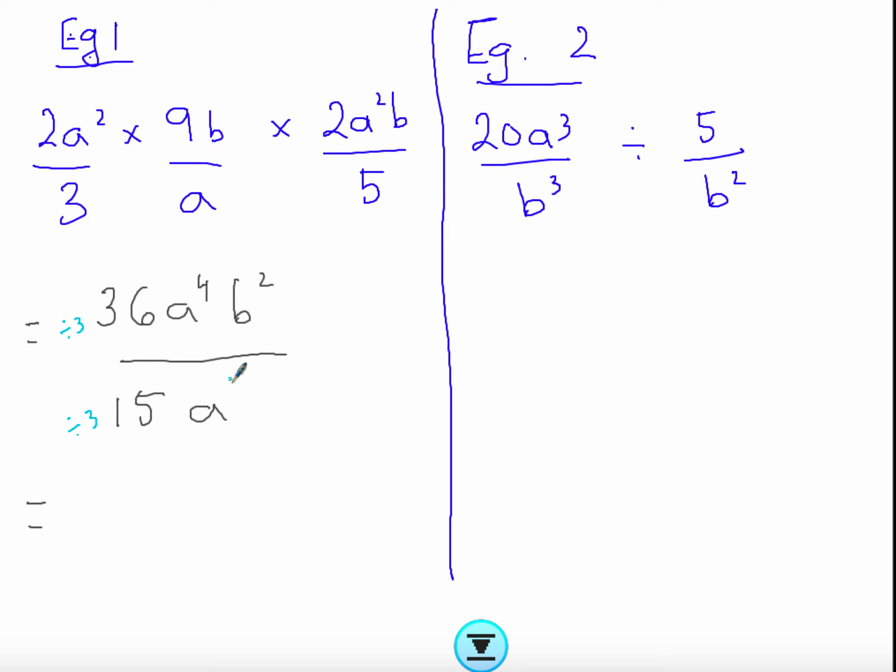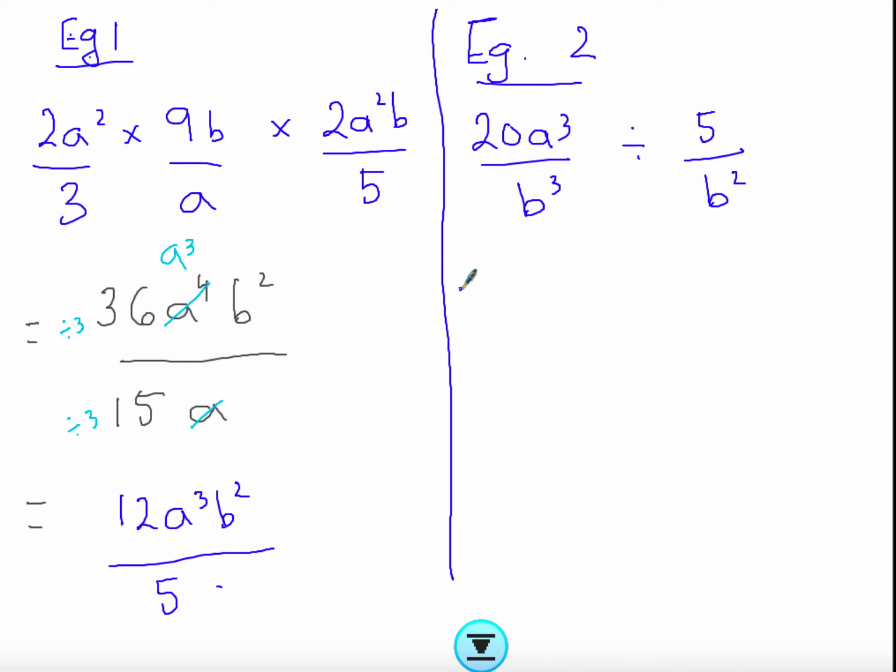The a's will cancel out. I'm left with a cubed here, and b doesn't cancel out, so at the end I'm left with 12a cubed b squared over 5. That's it. I can't simplify it any further. That's as simple as it goes.